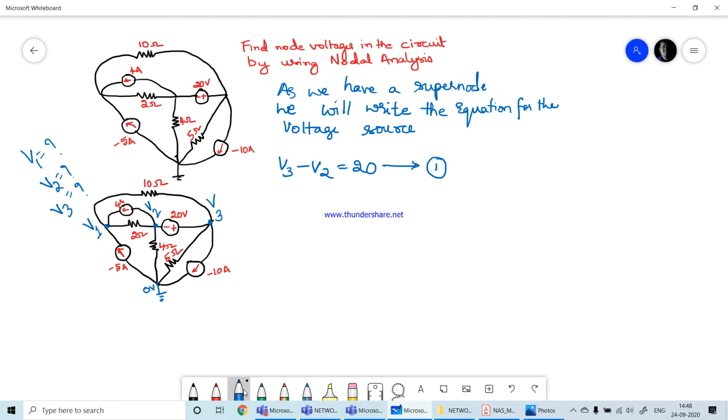Now we need to write the super node diagram. So we will write that separately here.